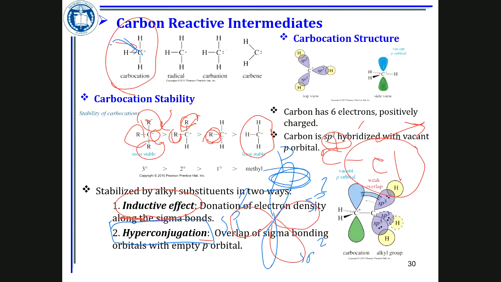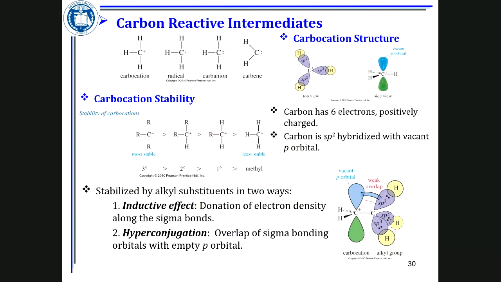Hybridization for free radical is also sp2 because an electron domain counts as a sigma bond or a pair of unshared electrons. It does not count as a single electron. The single electron is still like an empty orbital, so it doesn't count as an electron domain. So when you count the number of electron domains, the hybridization for free radical is sp2, and for carbocation is sp2 also.